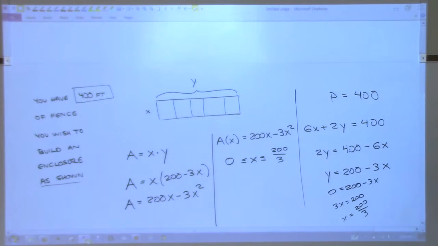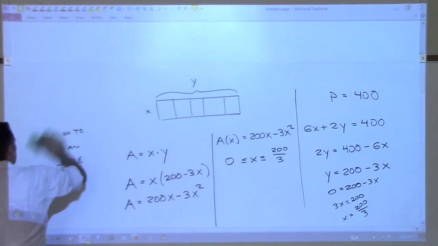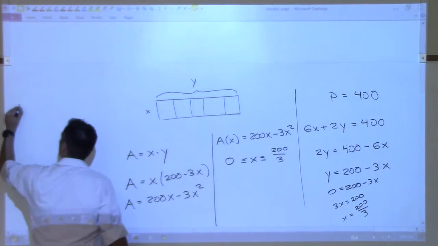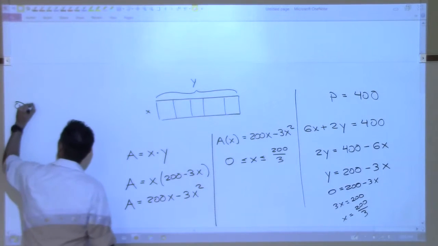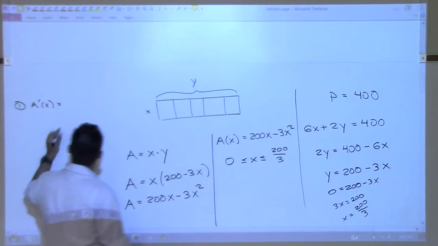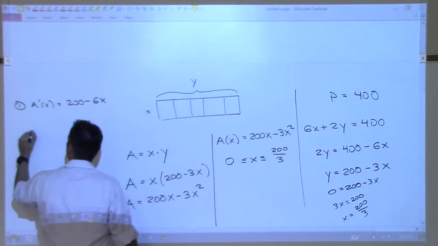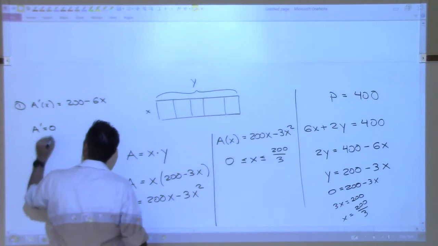So now we differentiate this and do all the stuff we just did. Step 1: what's the derivative of that function? A prime of x is 200 minus 6x. Let's figure out when that derivative is 0.